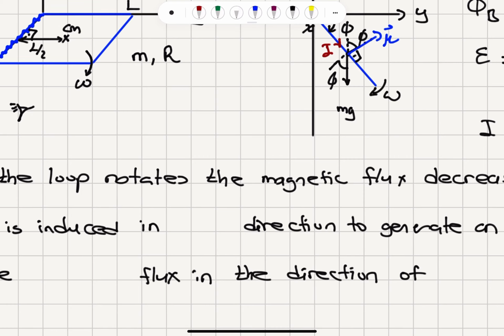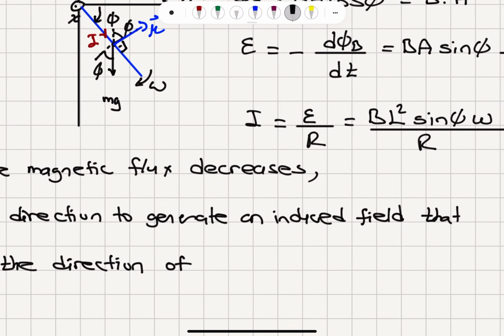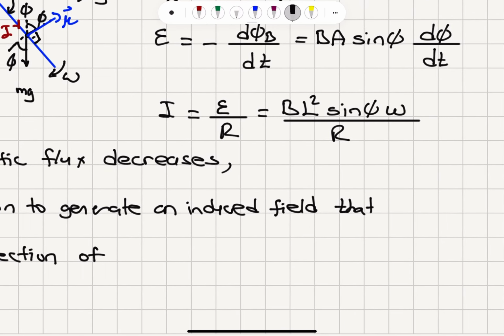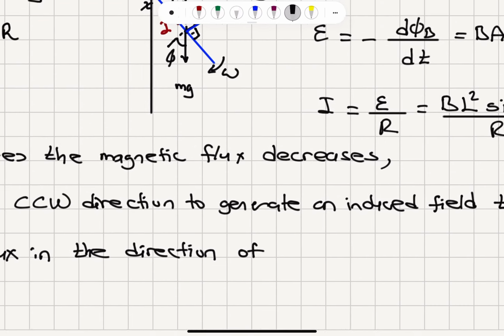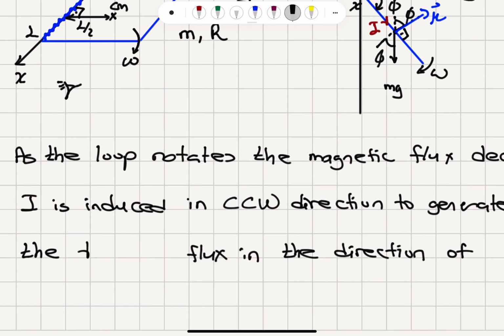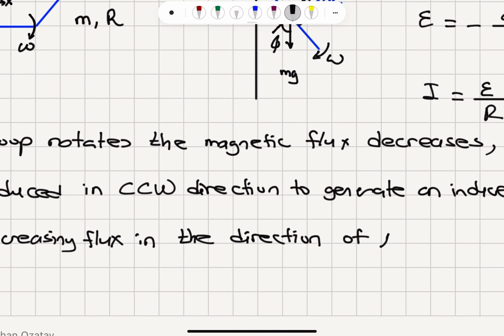So in the counterclockwise direction, to generate an induced field that opposes the decreasing flux, in the direction of the magnetic moment vector mu.